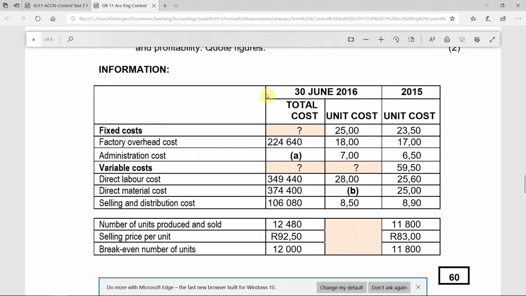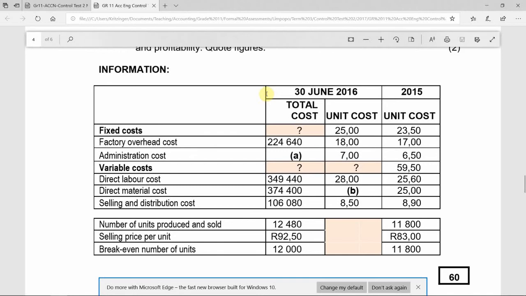Let's see what happened in 2016. We had to produce 12,000 units just to break even, but we in fact produced 480 units more, 12,480 units. So in 2016 we will therefore make a profit, whereas in 2015 we neither made a profit nor a loss.